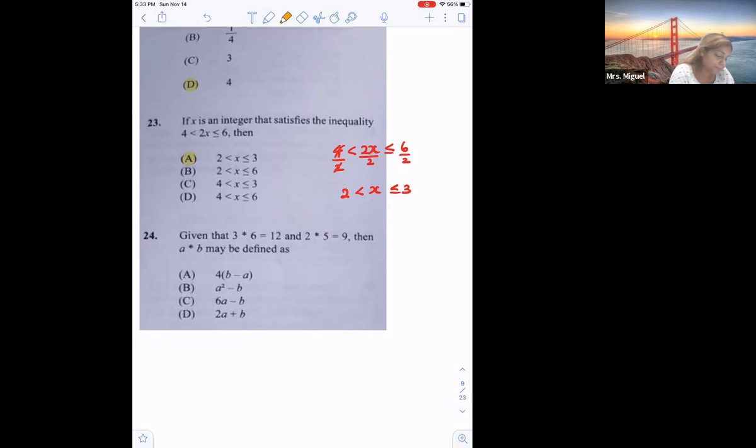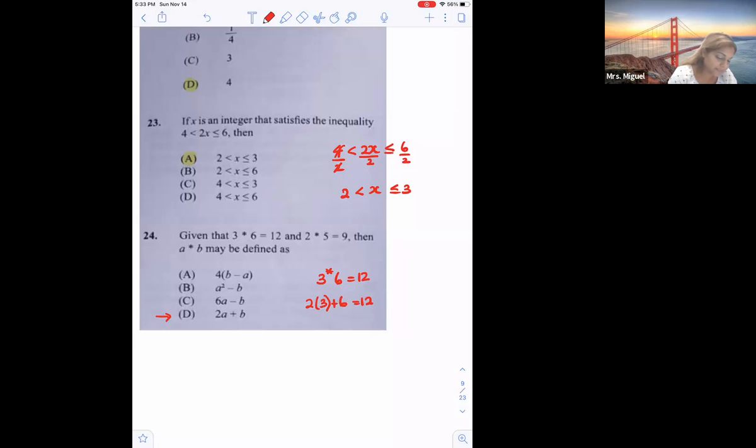Number 24, 3 star 6 is equal to 12. So we have an operation when we put a first and a second number, we will get 12. So let's try D. So 2 by 3 plus 6 will give me 12.